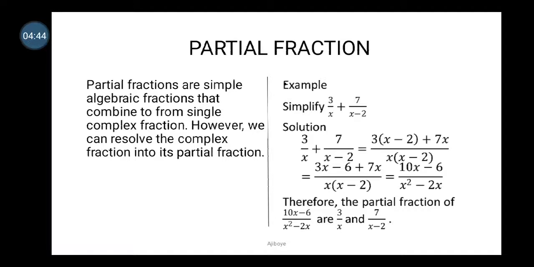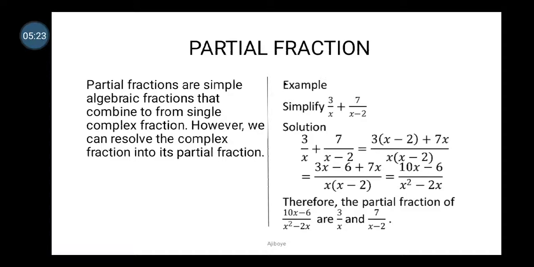So that will give us 3 open bracket x minus 2 close bracket plus, if you do the same thing for the denominator of the second simple partial fraction, we'll get 7x. So if we open the bracket, we have 3x minus 6 plus 7x over x open bracket x minus 2. If we collect like terms and simplify, we have 3x minus 6 over x squared minus 2x.